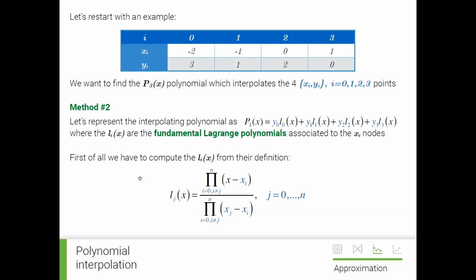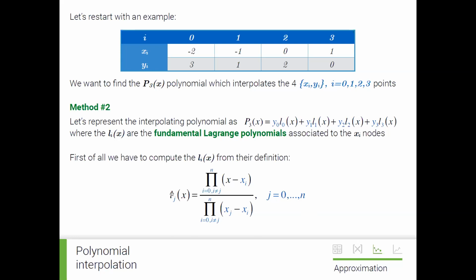First of all, we'll compute this Li by this formula from the definition of fundamental Lagrange polynomials. Look here, in this case, we need to find this product of x minus xi and product of, in the denominator, xj minus xi, j from 0 till n.